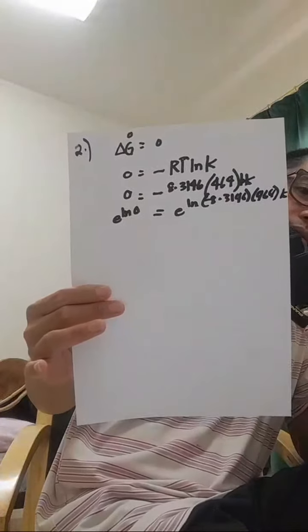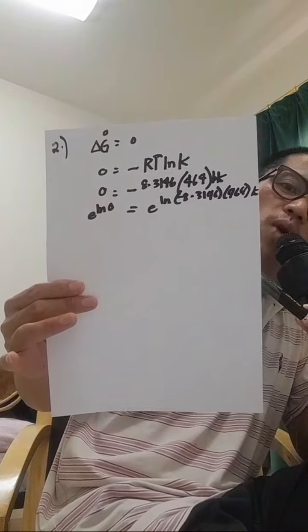I don't have to put the units because they agree already, since we're using the same R. So 0 equals negative 8.3146 times 464 times ln K. Taking e to both sides, e^(ln 0)... this is the substitution part.